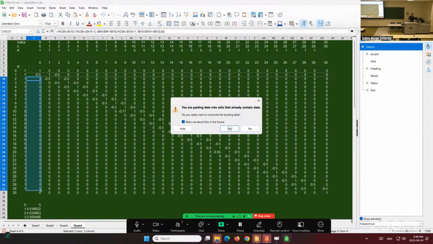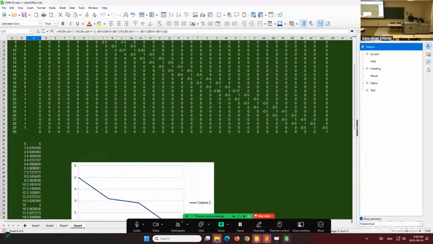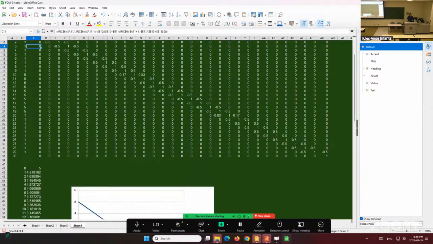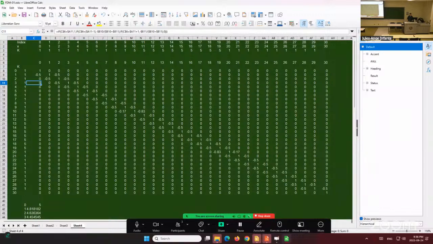Ah, one step. What exactly? You see that? I saw that both are the same color. Oh, okay. It was, but I put B9 plus B9 rather than B8 plus B9.